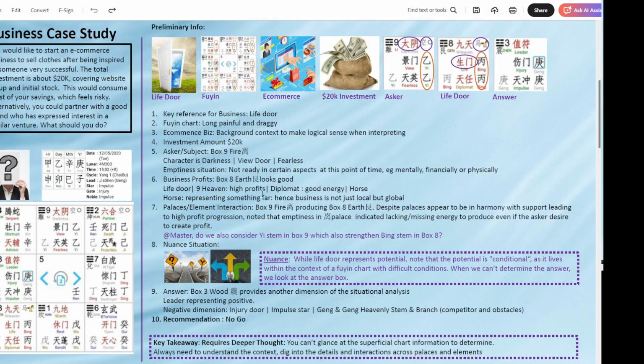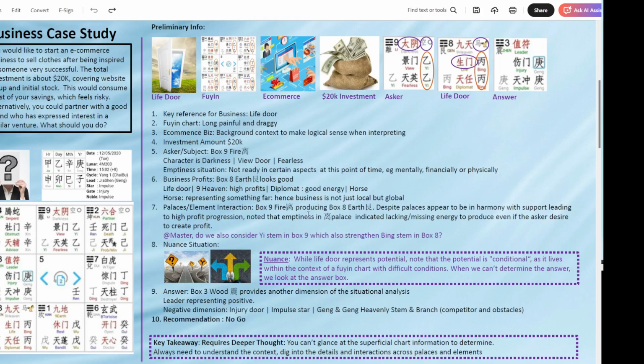You see box 9, this is a fire element palace, and it is producing to box 8, an earth element palace. It makes sense because fire produces earth, and it seems naturally a profitable business. However, we must not forget box 9, the asker himself, we mentioned there is emptiness.